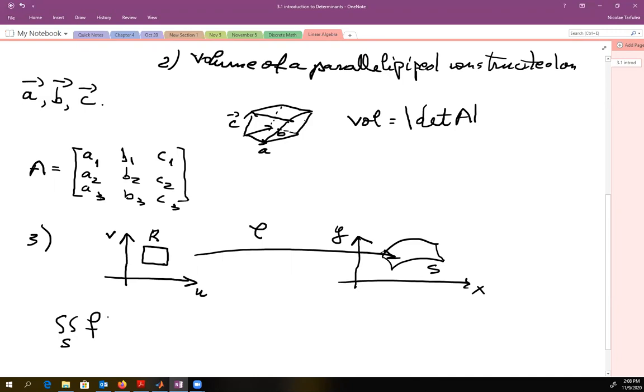Well, you remember from Calc 3 that the double integral of this function f, whatever function f you may consider, call it a density function if you want, and you compute here the mass of that lamina, if you want a physical interpretation.